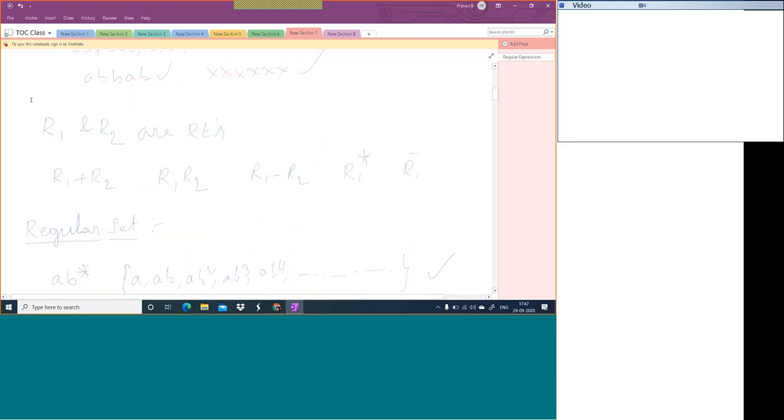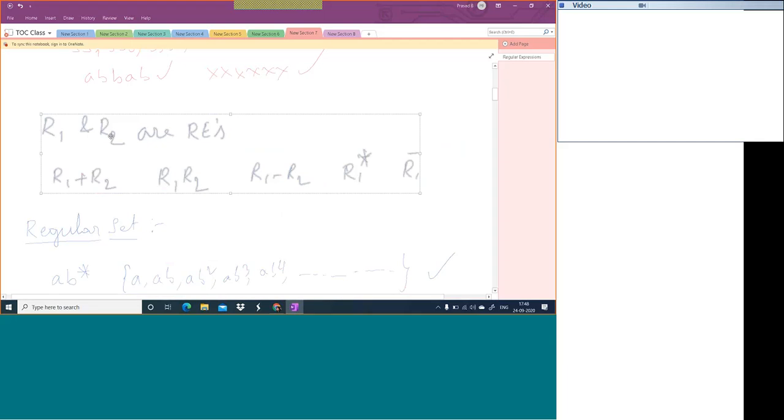Okay. Now, if R1 and R2 are two regular expressions, actually, I didn't say the properties of regular languages. The properties of regular languages I will tell you at the end of this chapter.